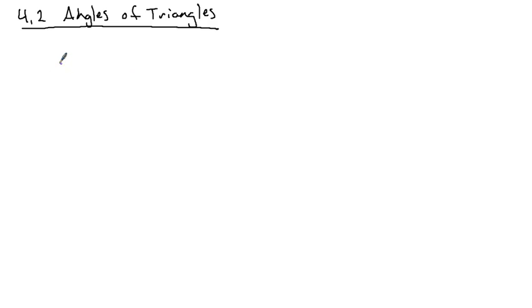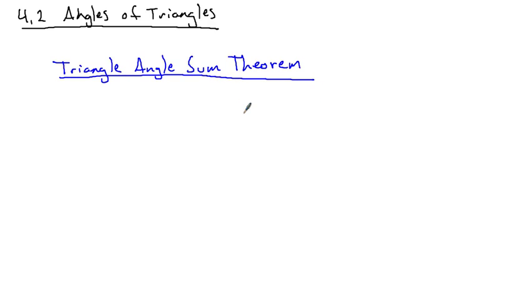So we're going to start out with our first theorem. It's called the triangle angle sum theorem. Now this one is something that you already know. We're just going to make it a formal theorem, and now we can use it in our proofs.